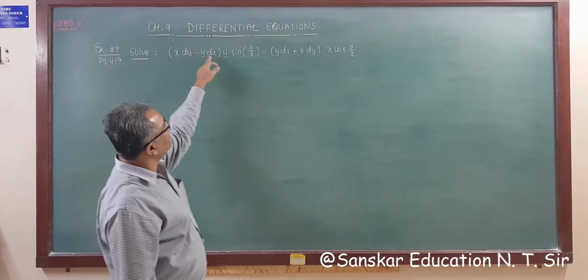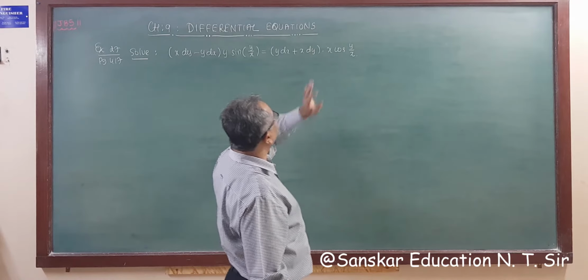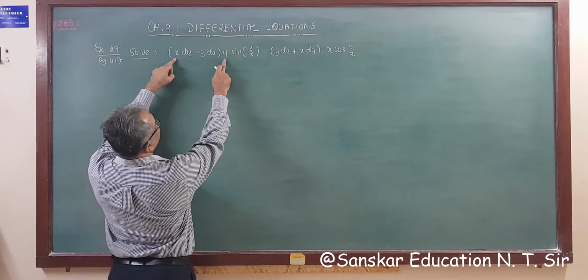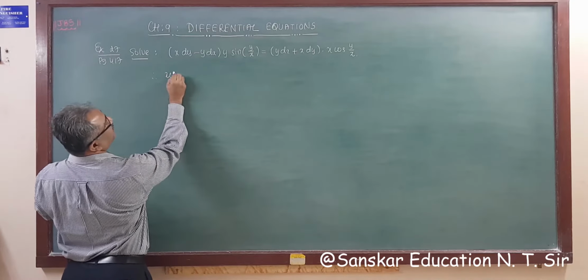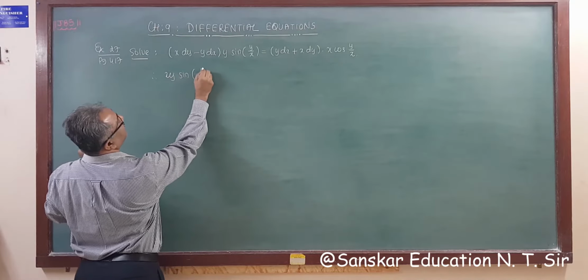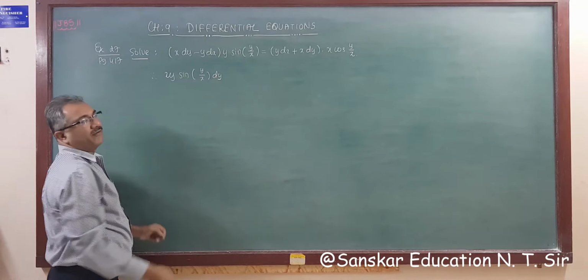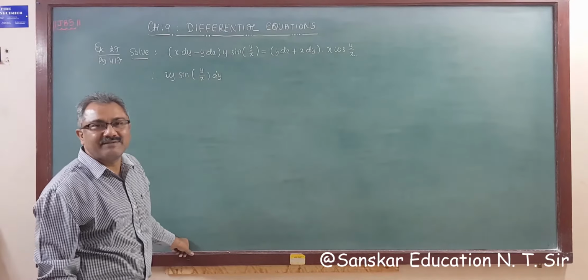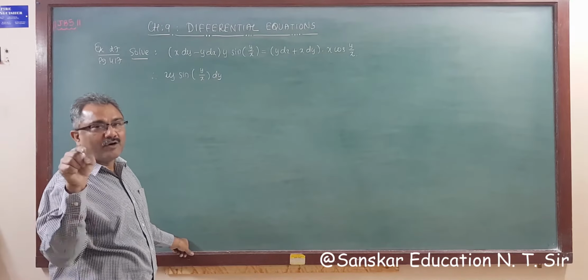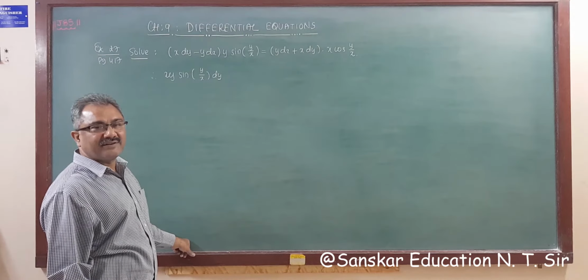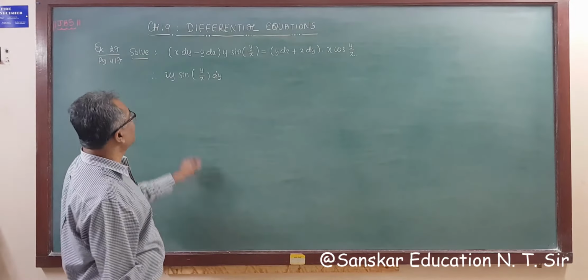Here is dy, here is dx. So multiply, what we get? If we multiply this, we get xy sin y by x into dy, because our first target is to express the given function in the form of dy by dx. Then we can integrate that function for getting the answer.